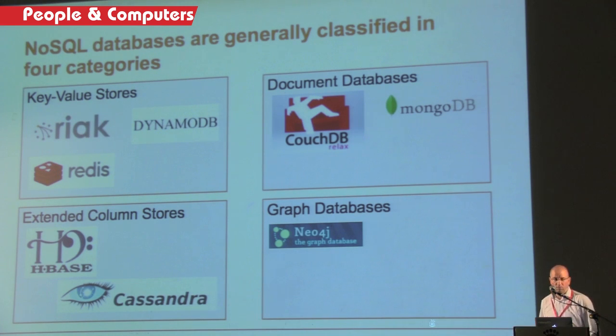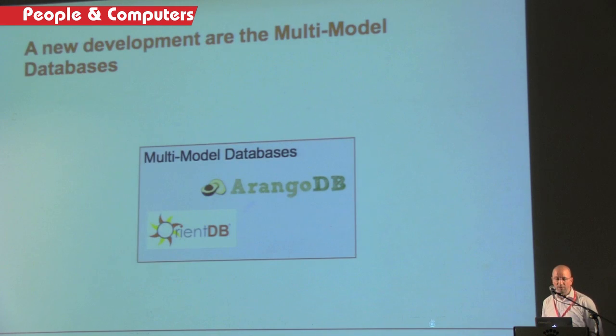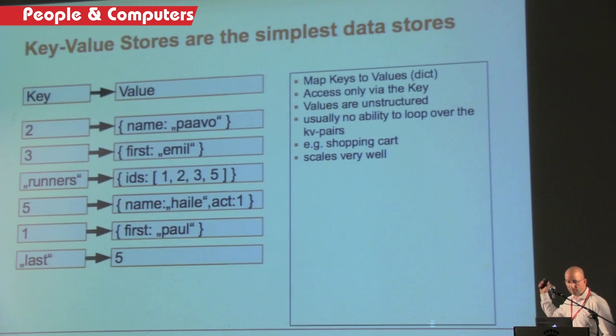And now I have to make a plug. Recently, there are the so-called multimodal databases, which basically try to be all of those things and aggregate that. And ArangoDB, the database for which I'm the architect, is one of those. There, I've said it, and we're all good.